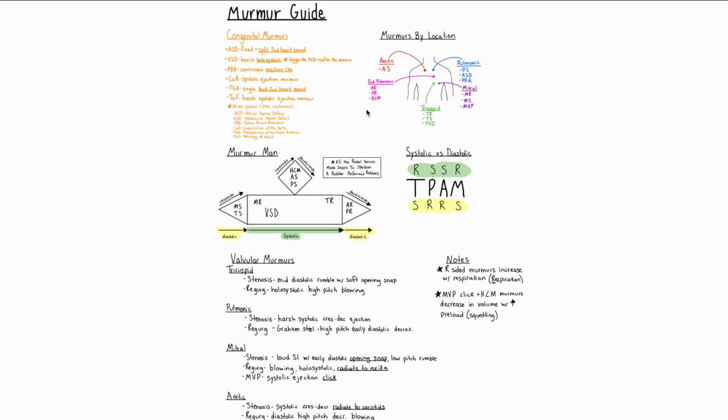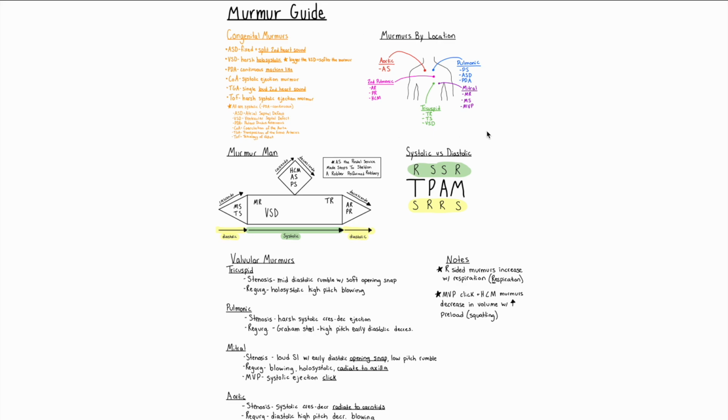Pulmonic, aortic regurg, pulmonic regurg, and then hypertrophic cardiomyopathy. And then again, tricuspid regurg, tricuspid stenosis, and ventricular septal defect. And then the last one is mitral regurg, mitral stenosis, and then MVP or mitral valve prolapse.